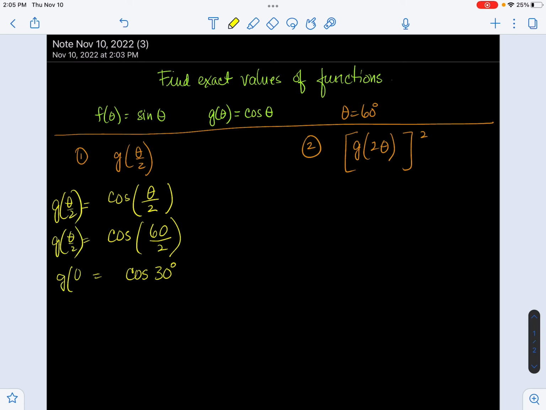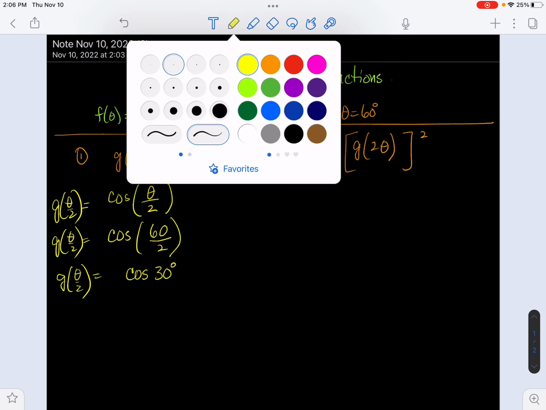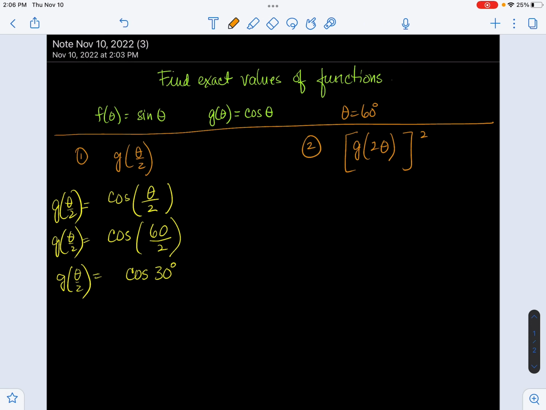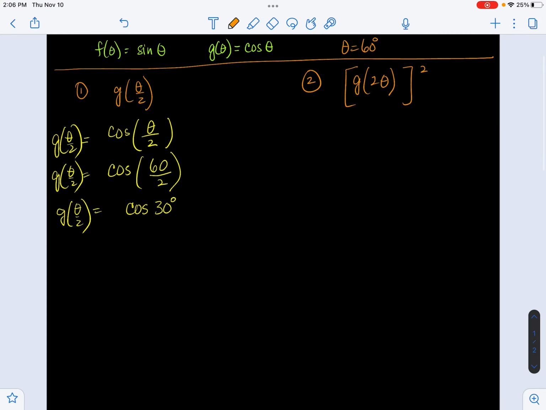I'm just writing this so you can see we're still coming along the same way. G of theta over 2 is basically asking me find cosine of 30 degrees, which we can figure out using our triangles. Now 30 degrees is in the first quadrant, so I'm creating my triangle. The first quadrant, that's 30, 60, 90.